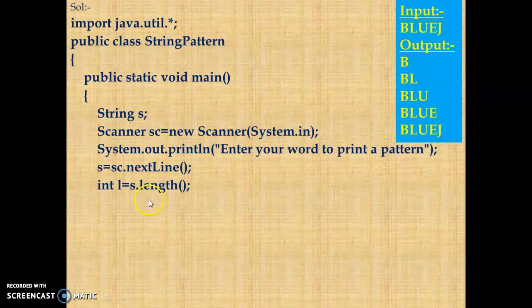So we have to find out how many characters are there in this particular string. That means for s, whatever the user gave, we have to find out the length of that string, because I again repeat, it is not fixed for BlueJ. BlueJ is just an example. If it is Java, then the length is 4.